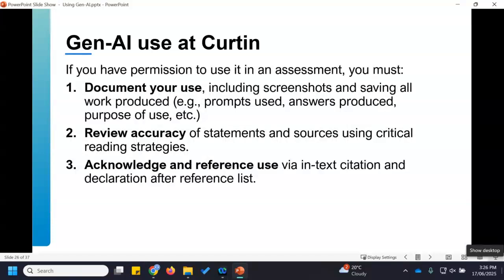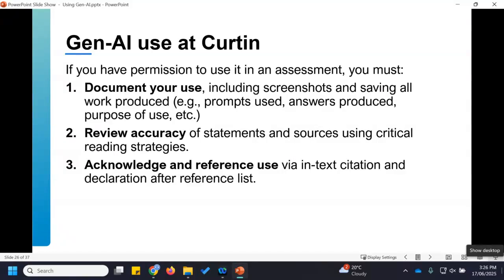If you have permission to use it in an assessment, again, just for assignments, you should document your use. So this includes screenshots, saving all the work produced. So that includes any input that you gave it, so the prompts that you used, the output that it gave back to you, so any of the answers, and then why you used it as well.